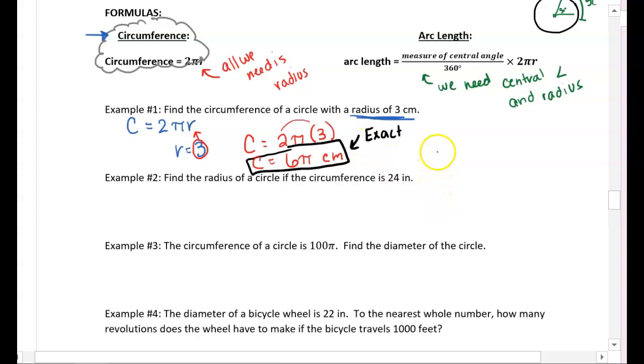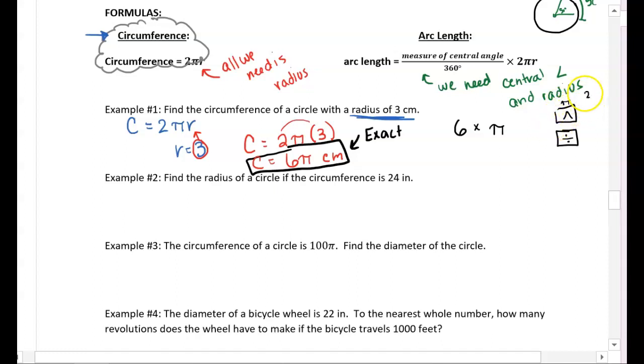Now if Big Ideas says they want this rounded, say to the nearest tenth, all you're going to do is put 6 times pi in your calculator. If you're using your TI-84 calculators, there's a pi button. If you find the division sign on the right, right above it there's a button, and then above that in blue is the pi symbol.